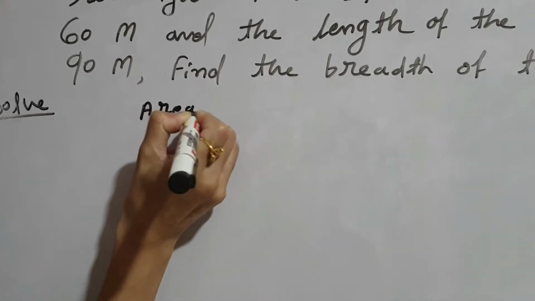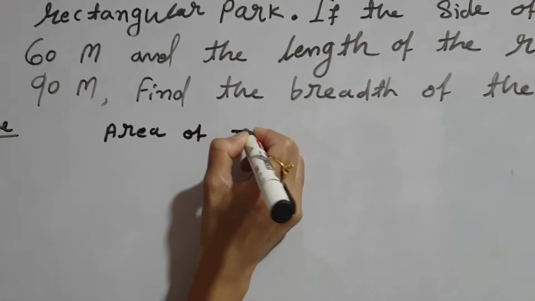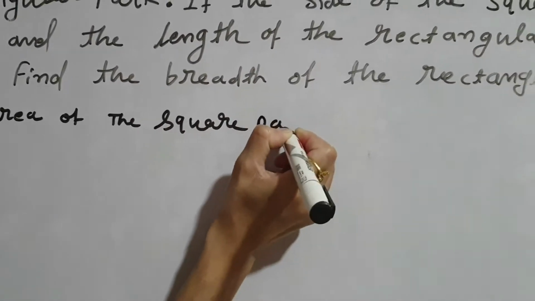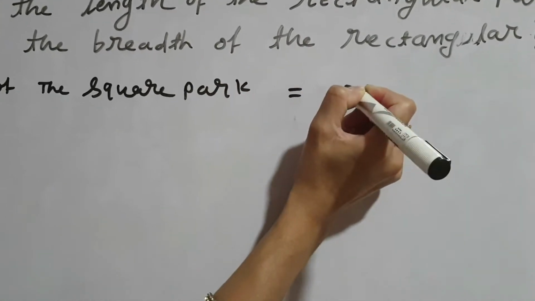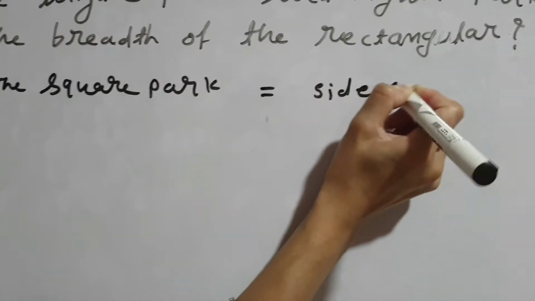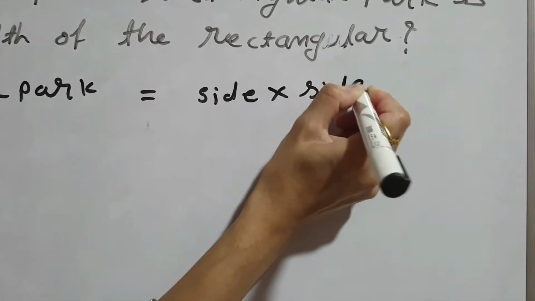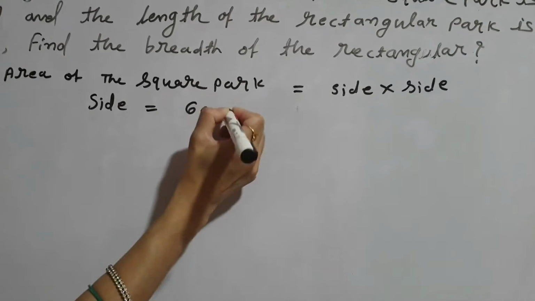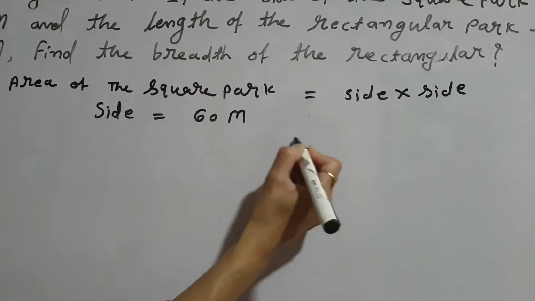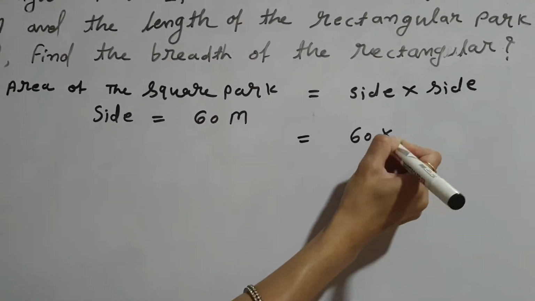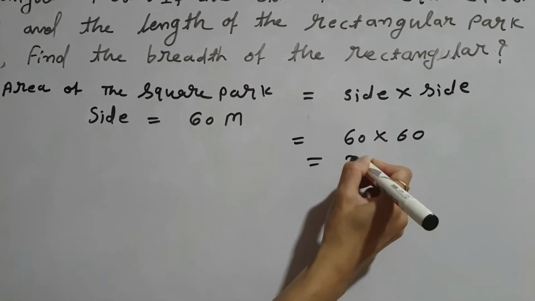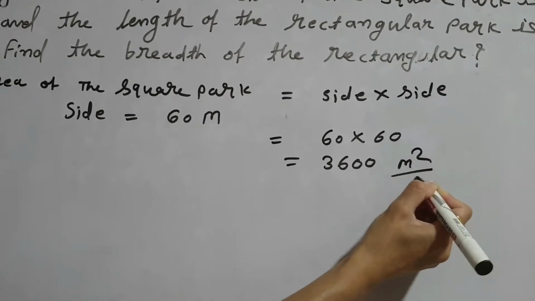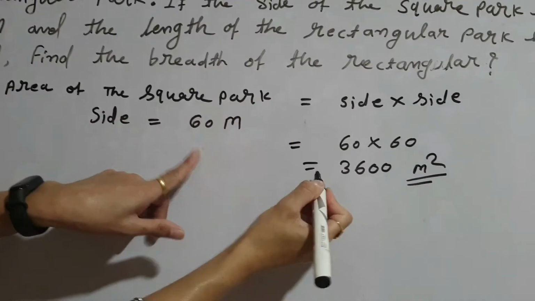Area of the square park equals side multiplied by side, and side has been given here, 60 meters. So we will put the value: 60 multiplied by 60. So we will get 3600 square meter. This is the area of the square park.